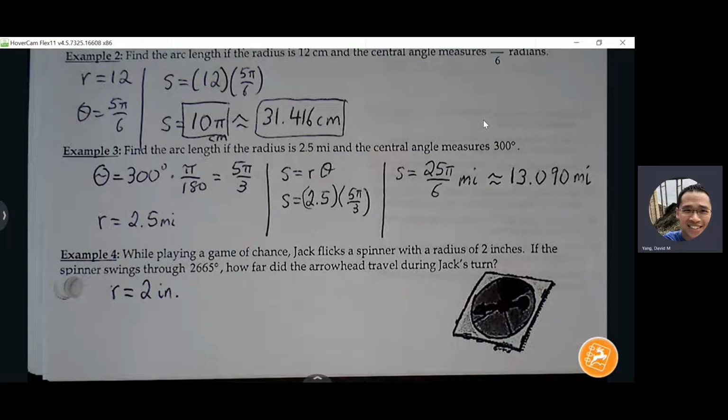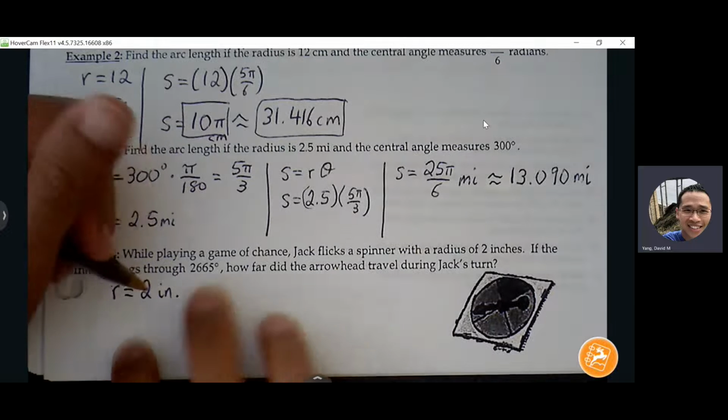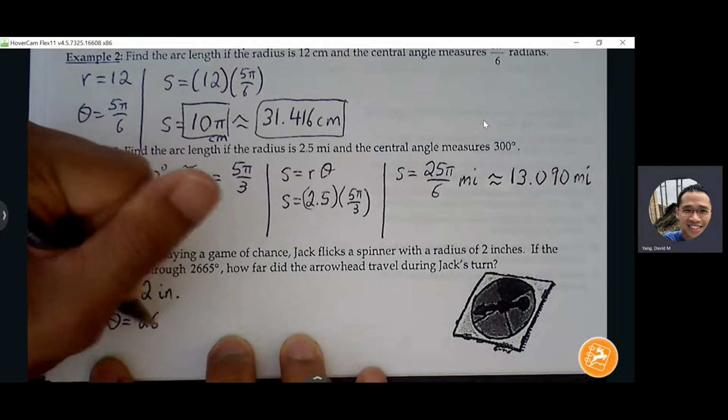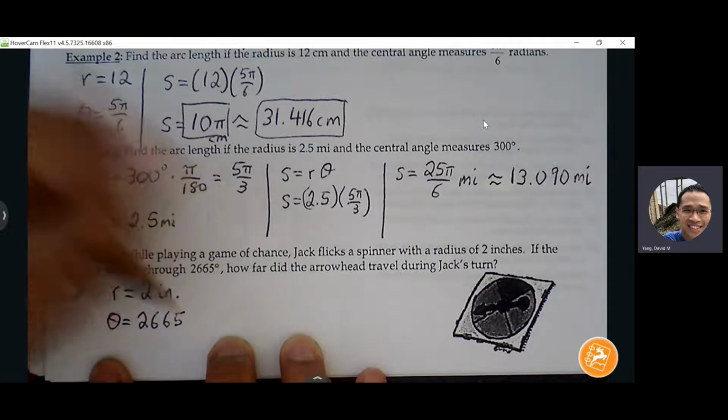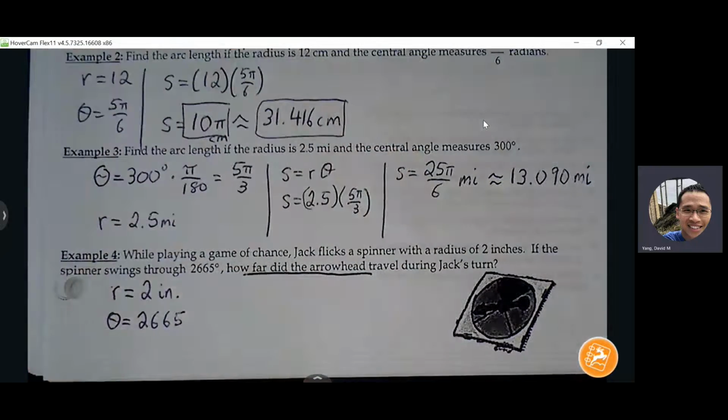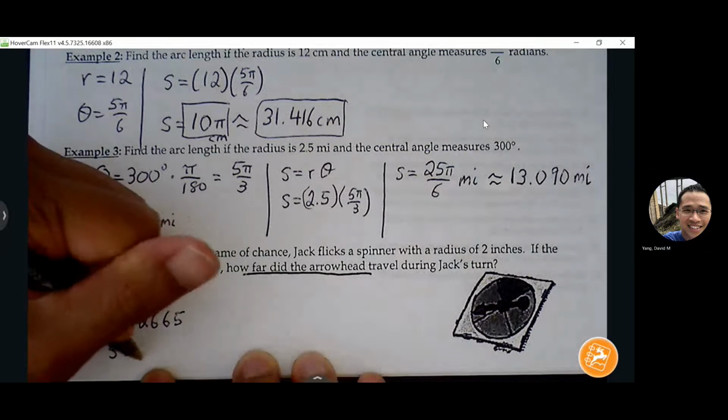If the spinner swings through 2,665 degrees, and that just means that it's going to go through multiple rotations, maybe 3, 4, 5 times, but we don't have to worry about it. We just have to worry that theta is 2,665 degrees. How far did the arrowhead travel? So that is going to be arc length. We're basically measuring how far it travels for S.